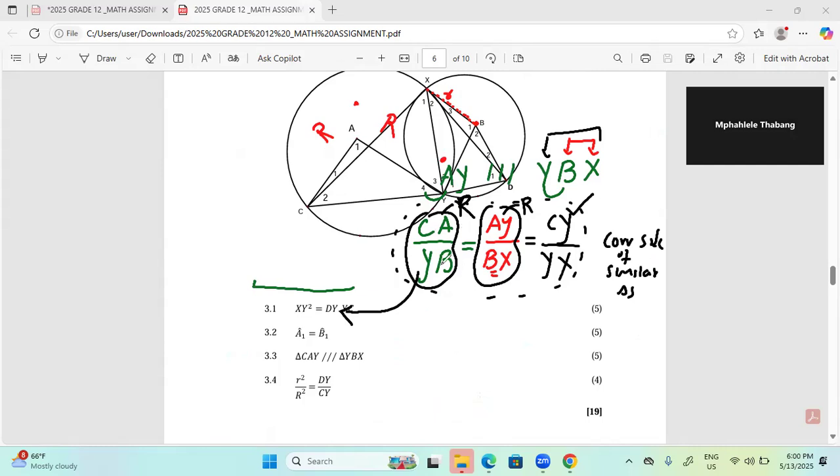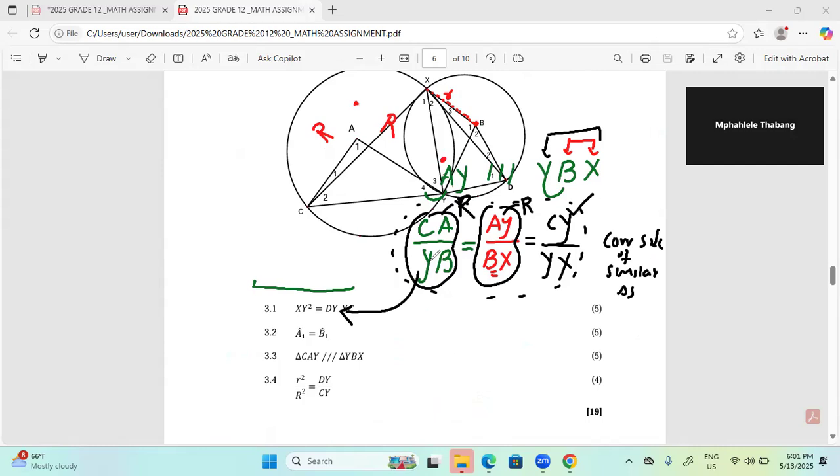So CA over YB, YX, I don't need it. But CY, I need it. Maybe I have to pick CY, but I don't need CX. I know I have to pick two from these three, so I'm deciding which one to pick.